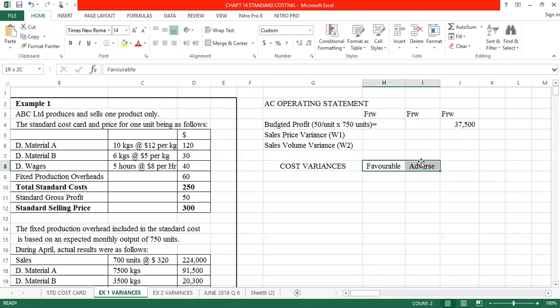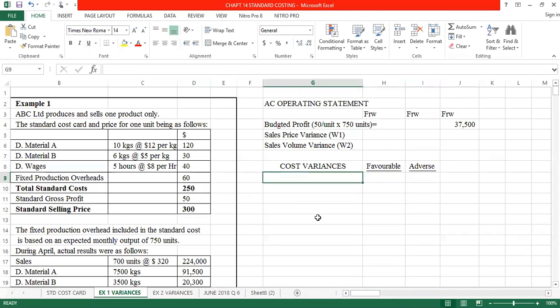Next, we have material price variance, working 3. There are two types of materials, so there is material A. I'll call it working 3A.